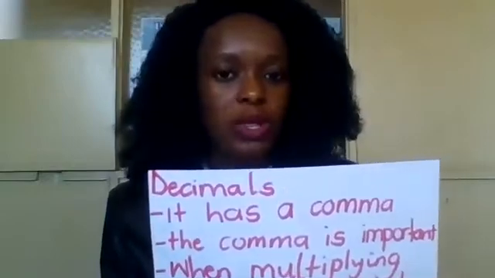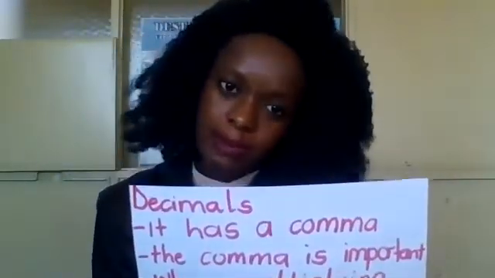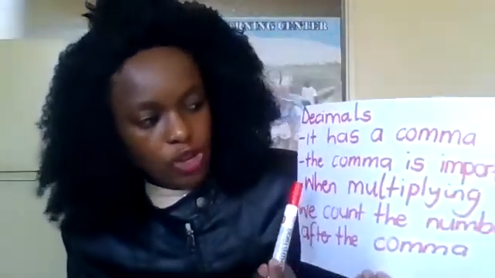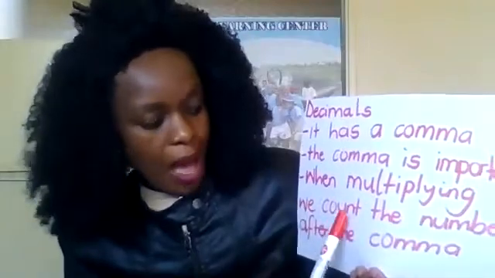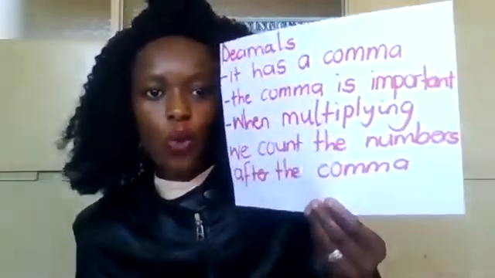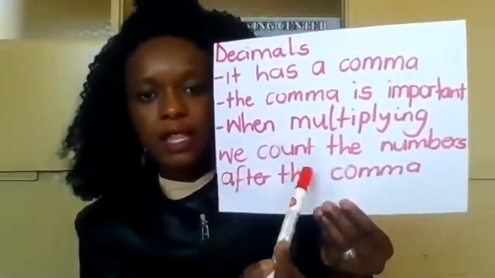We are still mentioning the important parts about decimals when you are multiplying, whether with another decimal or with a whole number. When you are multiplying, we count the numbers after the comma.